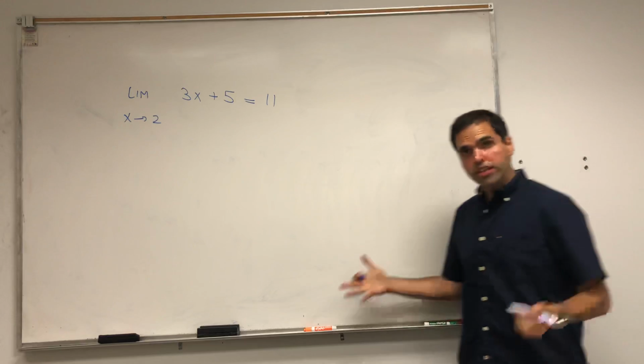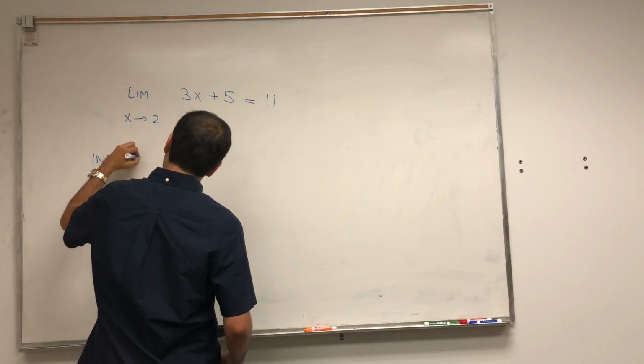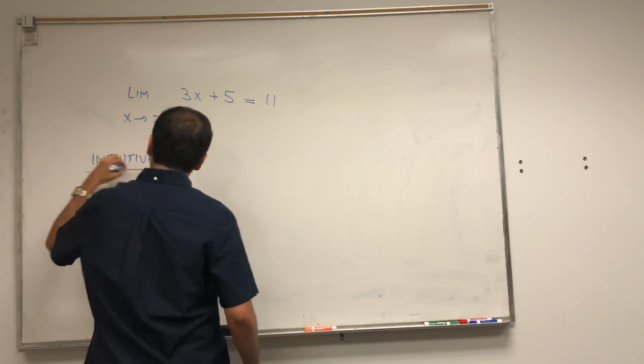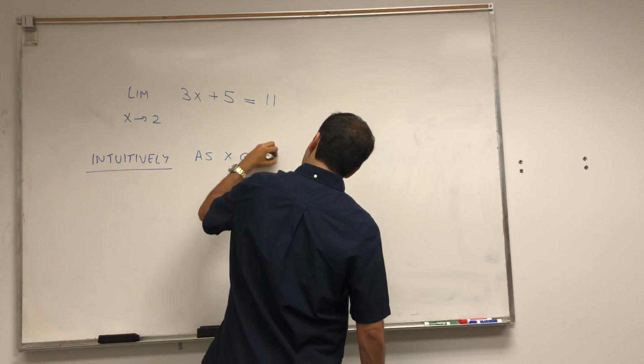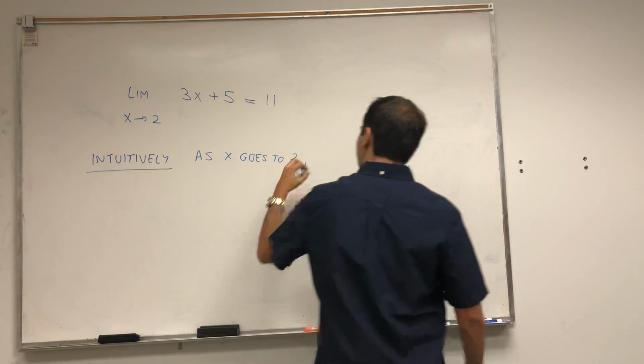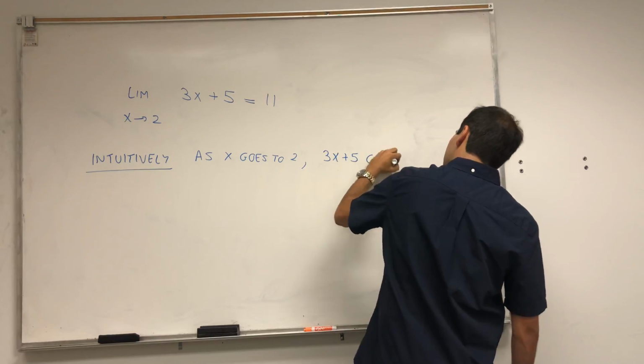Now, intuitively, what you learned in calculus, this means as x goes to 2, 3x plus 5 goes to 11.